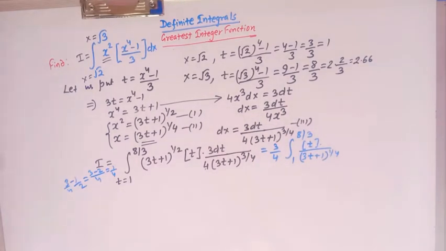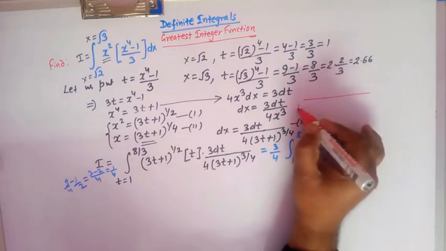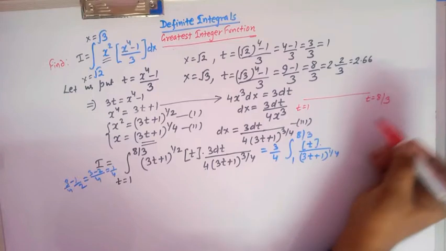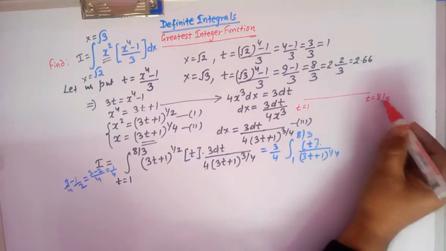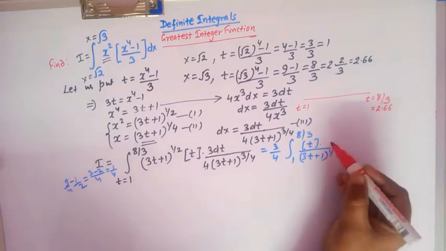So now let us see the definition of the greatest integer function. Here we have t equal to 1, and here we have t equal to 8/3, and this 8/3 is approximately 2.66, right?